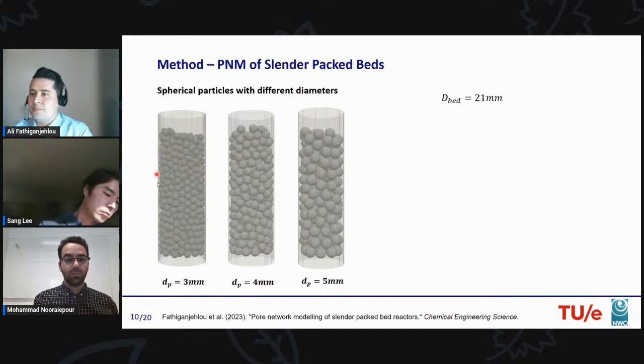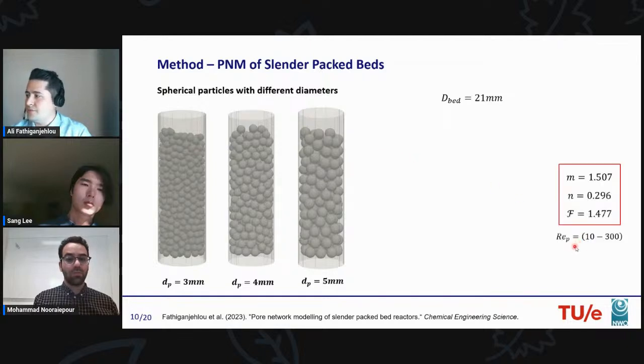We calibrated the PNMs by fitting the overall pressure drop from the pore network model to the ones obtained from a CFD approach for a range of Reynolds values. And we obtained these values for M, N, and F for these pore network models.